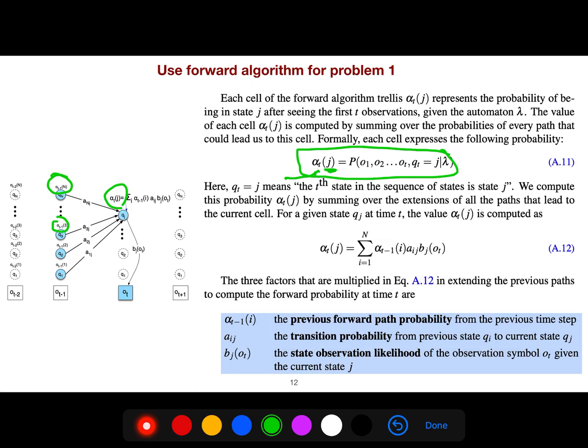So you see not only B, your emission probability. B is emission, A is transition, and alpha is from the previous step. This is the cornerstone, the important idea: if you understand this, then you're done. You know the forward algorithm.